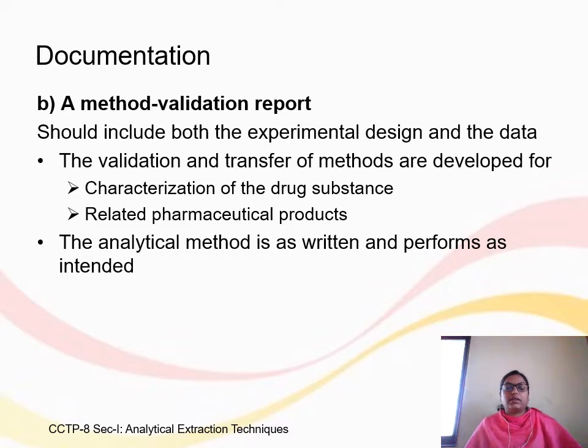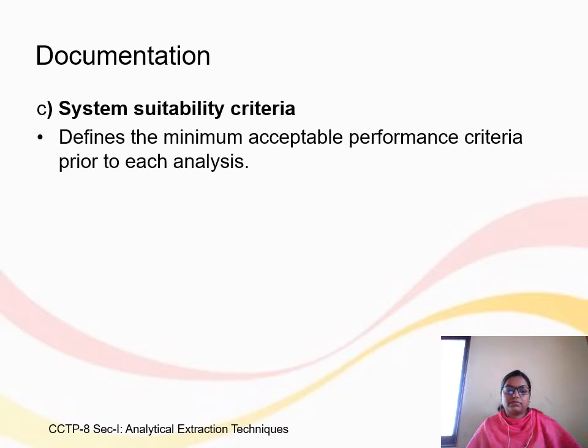The analytical method is as written and performs as intended. Third point in that documentation, define the minimum acceptable performance criteria prior to each analysis. These are the 3 points in the documentation.